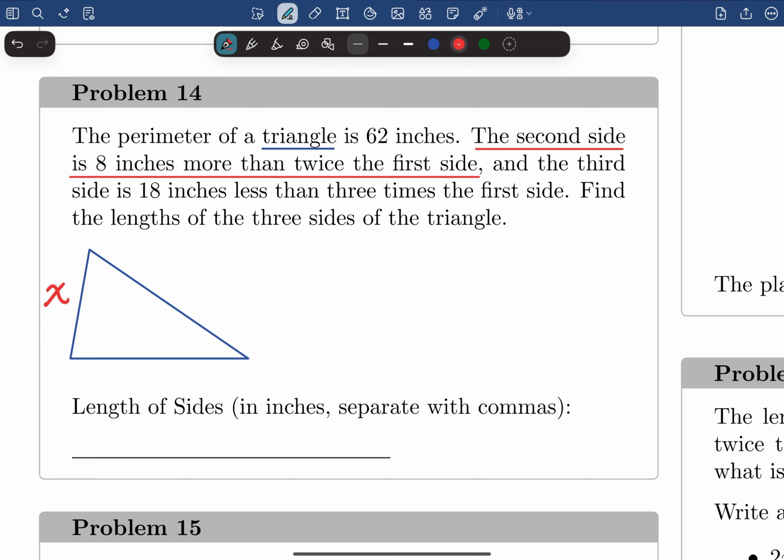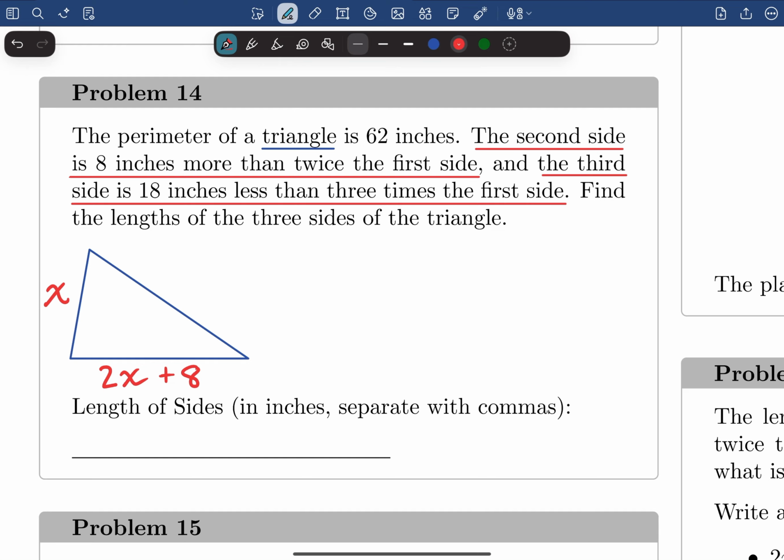Now, the second side is 8 inches more than twice the first, so it's going to be double x, twice the first side, plus 8. Now, let's look at the next statement. The third side is 18 inches less than 3 times the first.